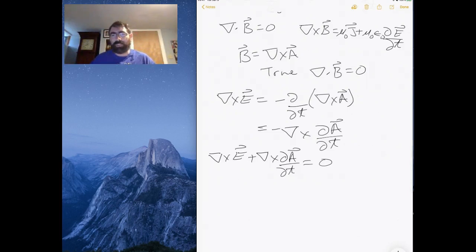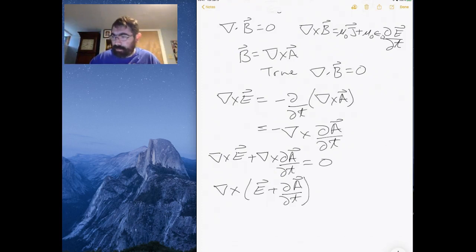Now I can essentially factor out all the vector parts, and I'm left with the curl of an electric field plus the time derivative of a vector potential, and I can set that equal to 0.